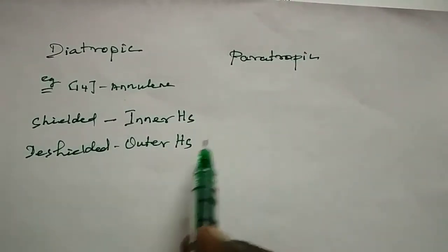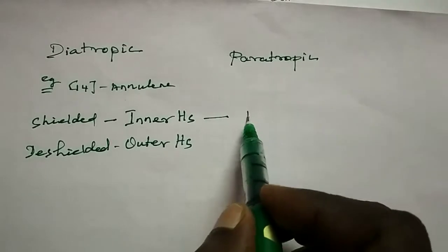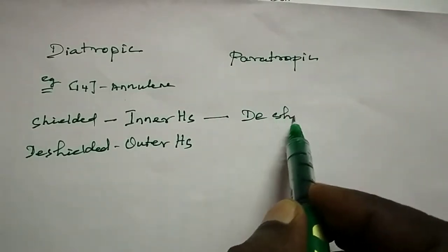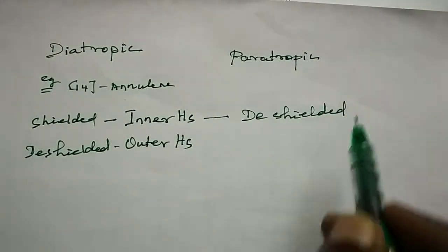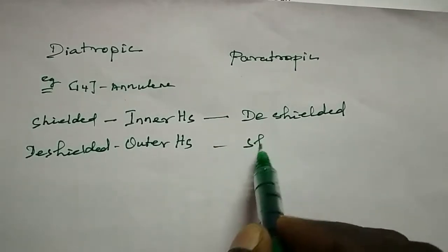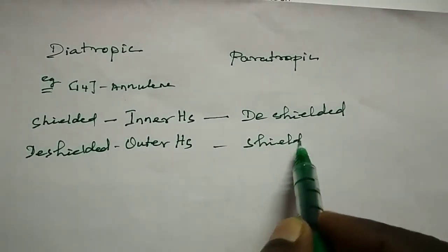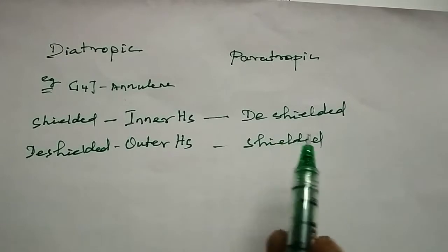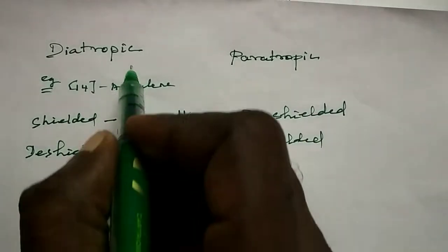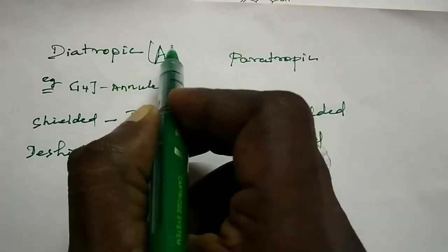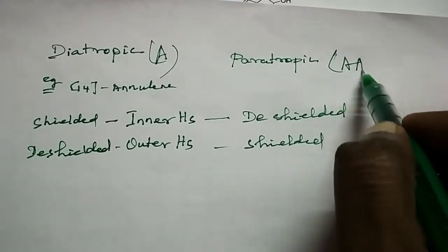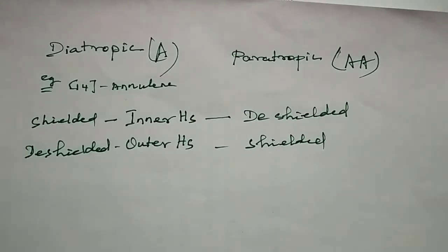But if we come to paratropic, inner protons will be de-shielded. Outer protons will be shielded. So paratropic is just opposite to diatropic. Diatropic molecules are aromatic. Paratropic molecules are anti-aromatic. So in paratropic molecules, inner protons will be de-shielded, outer protons will be shielded.